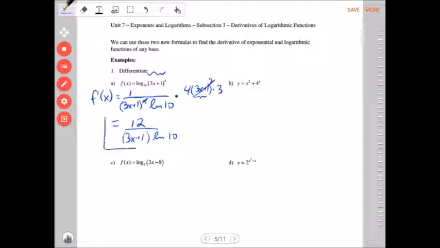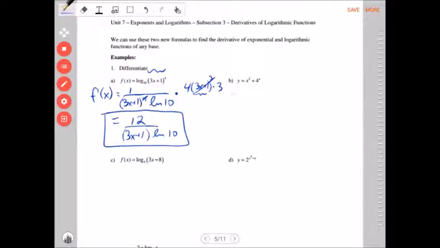Part b. If I want y prime here, the derivative of x squared is just 2x, so pretty straightforward there.